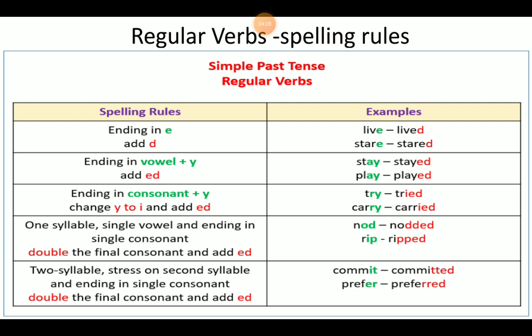If the word ends with e, we should add only d. And then if the word ends with y, before the letter y, if it is a vowel, you should add just ed. Before the letter y, if it is a consonant, you should remove y. Instead of y, we should add i, and afterwards, as usual, we should add ed, right?